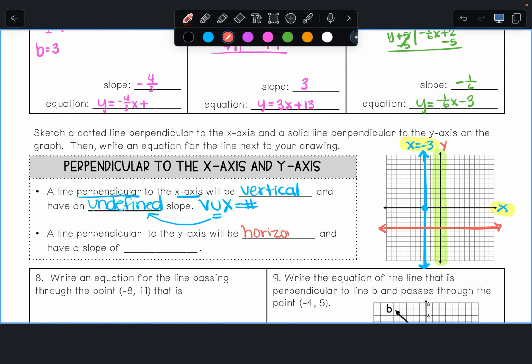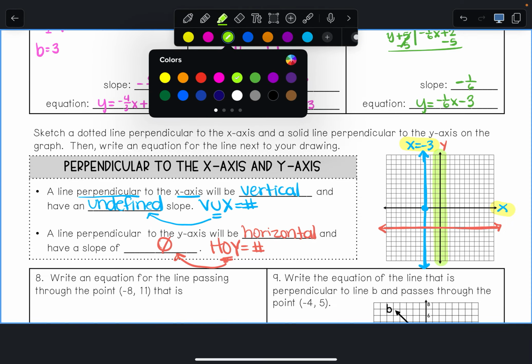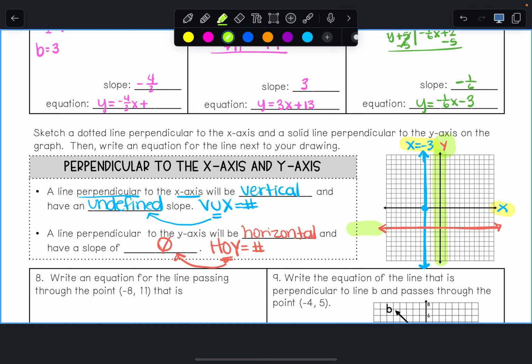It'll be horizontal. What acronym do we use for horizontal lines? Ahoy. So the slope of this line will be 0. And y equals a number. So the equation is going to be similar. If it's perpendicular to the y-axis, my equation will be y equals -4. Can't see the negative there. Still can't see.